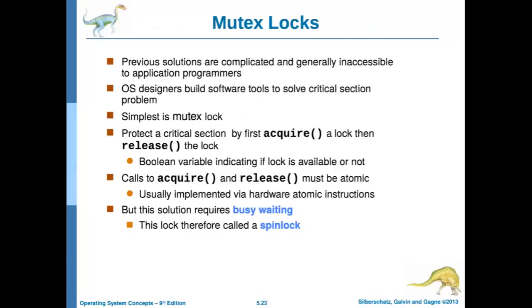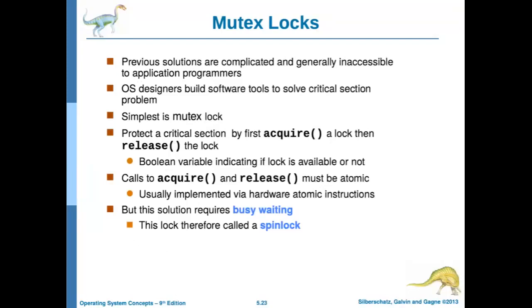Now the problem with compare and swap and test and set is that these solutions are easy to understand, no doubt. But if you make a mistake there, that will create a problem.